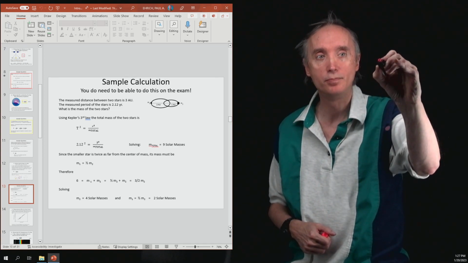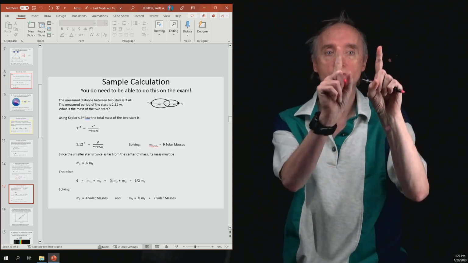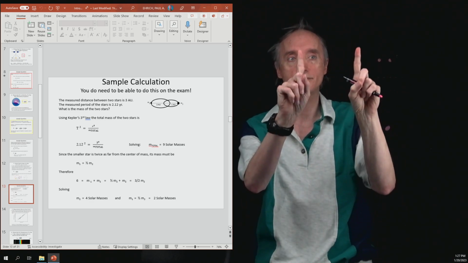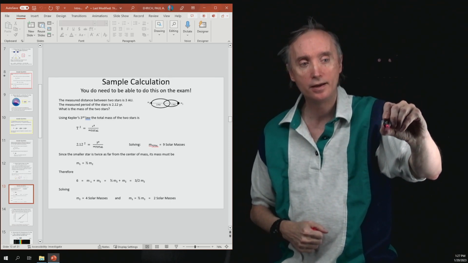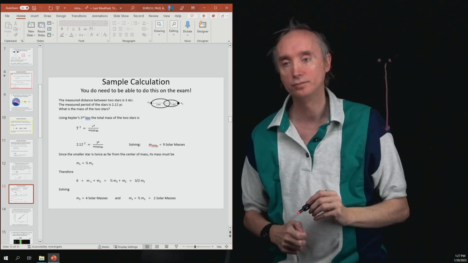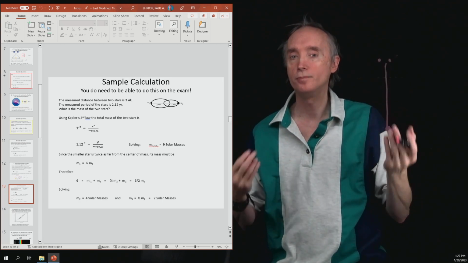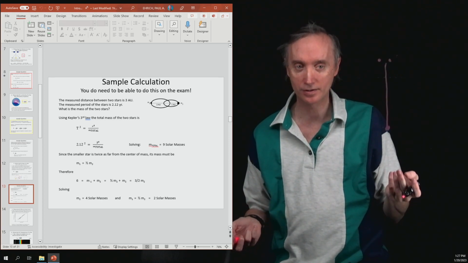Here's this binary star system up here, and those two stars are in orbit around each other. Now we can figure out the distance to them by using what method? Parallax. Okay, you remember the parallax method.